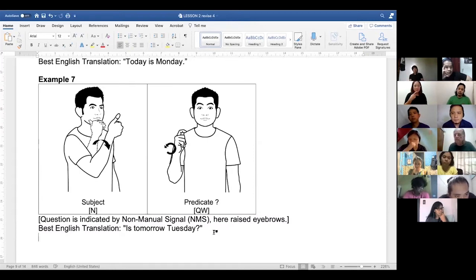Yes. So we want to reserve two separate translations. For question words, if it doesn't have the sign "this", then you just want to have a simple question. Is tomorrow Tuesday? Have you eaten? Okay, in English.